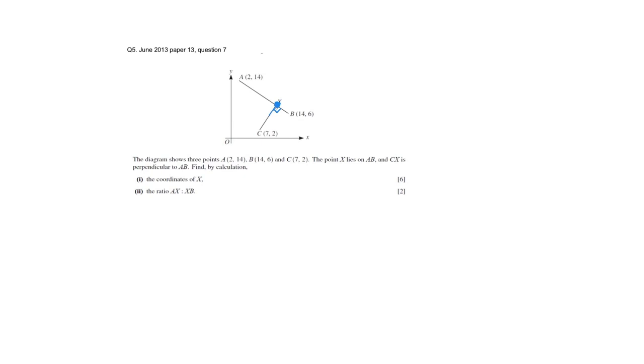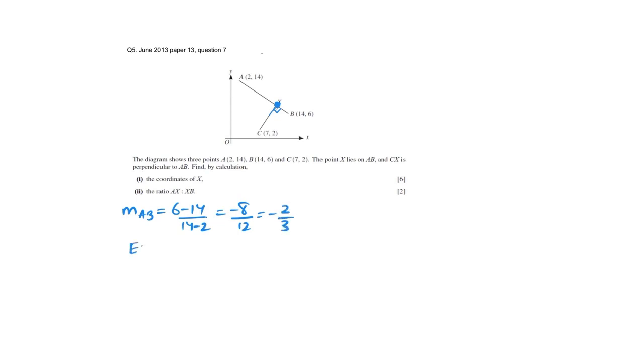So the thought process should be: find the equation of AB, find the equation of this perpendicular line CX, and X is the intersection point. So gradient of AB, (6 minus 14) over (14 minus 2), is minus 2 over 3.